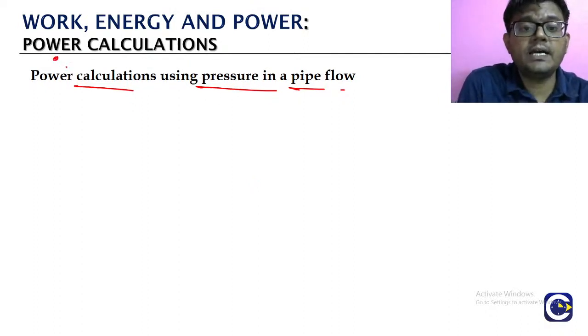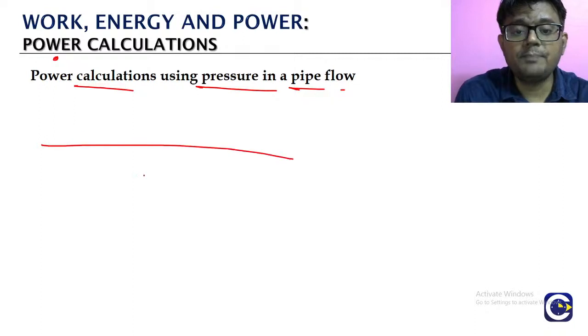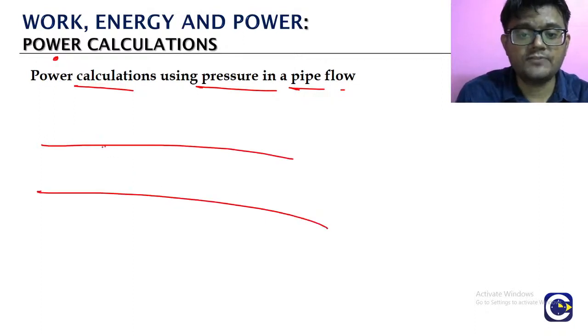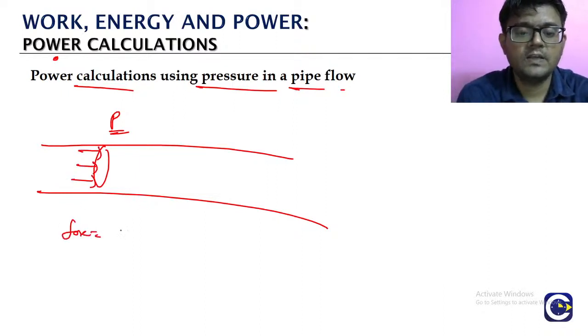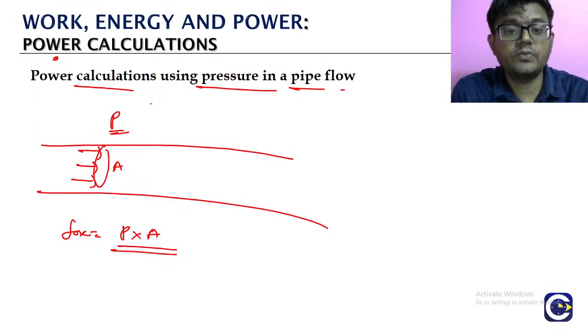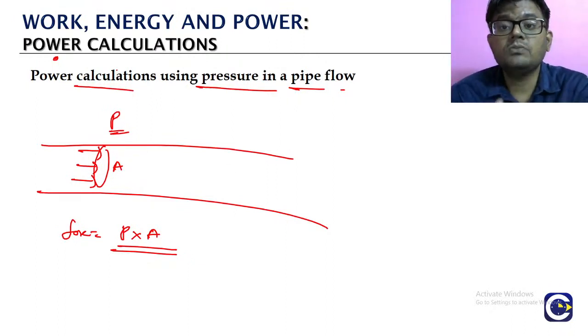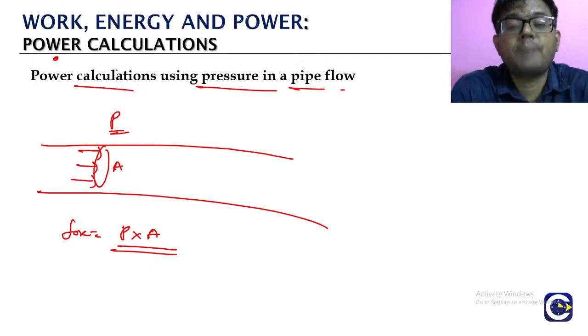But here, in a fluid pipe, say for example the pressure at a location is P, pressure is there means obviously there is a force, right? Because what is the force here? Pressure into, let us say, the area of cross section is A. Pressure into area will be what? Force. So we can even talk about what is the power by using the pressure inside the pipe flow.